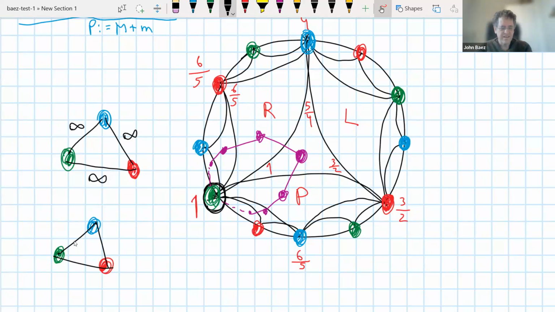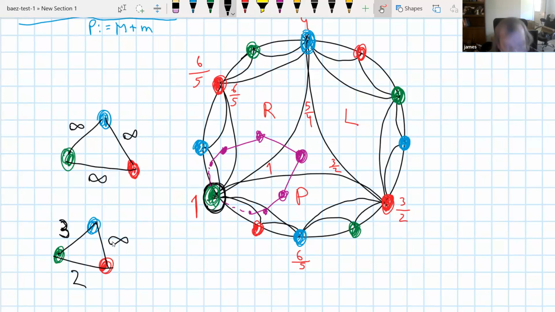What is the other one? I guess it's like there's the invisible one that you don't even draw. So what number is that? Two. Okay, so you don't draw the 2, and there's a visible one, but with an invisible label, which is 3, and then there's the one with the infinity or something like that. And there's a funny barycentric subdivision relationship between these two or something like that.